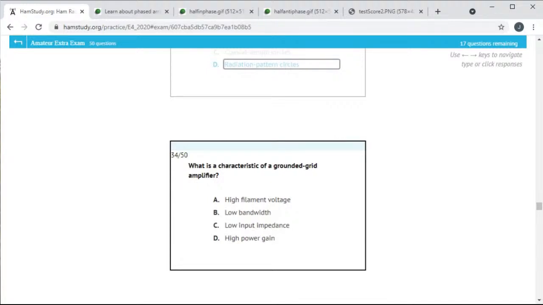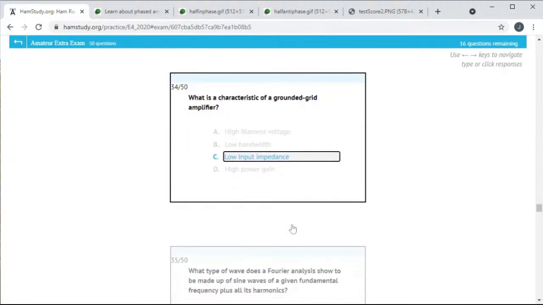C, low impedance. D, high power gain. I don't know. I'm going to go with C, low input impedance.